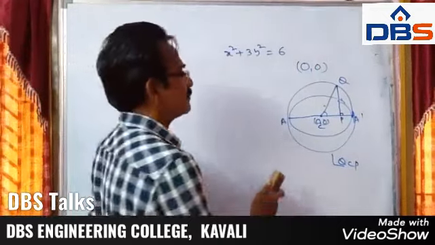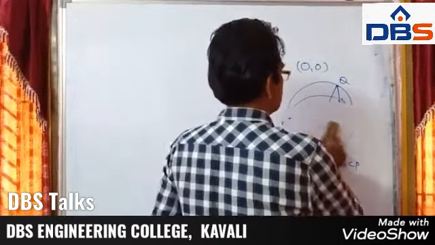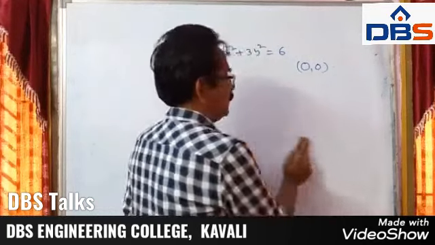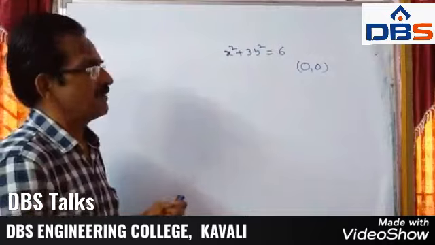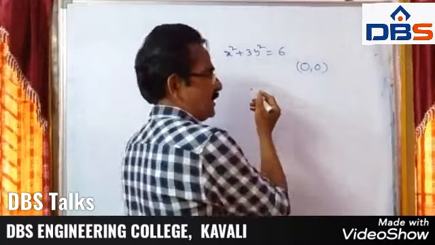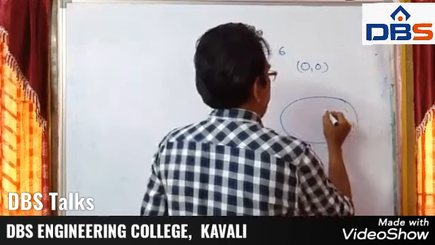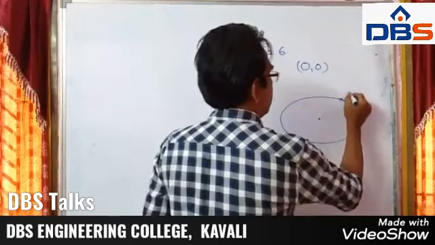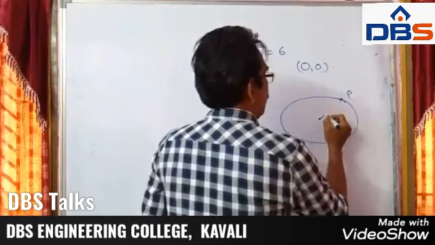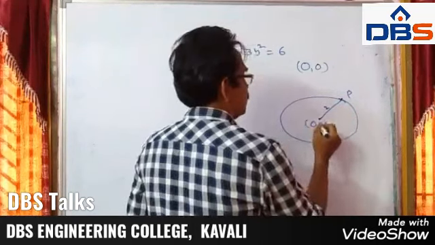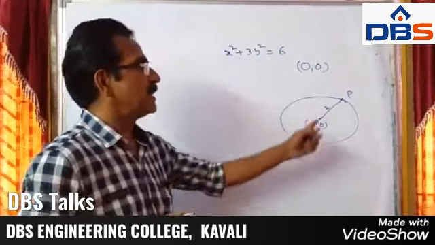Okay friends. Now for this problem, what is given? The distance from any point P to the center (0, 0) is 2 units.